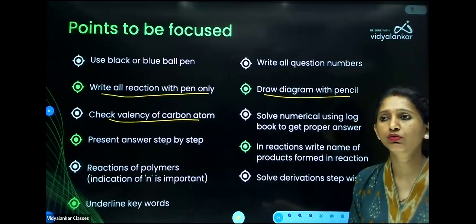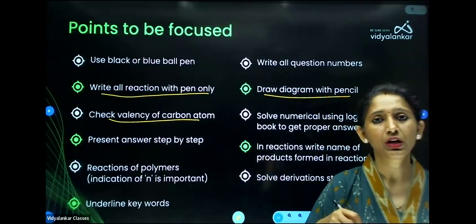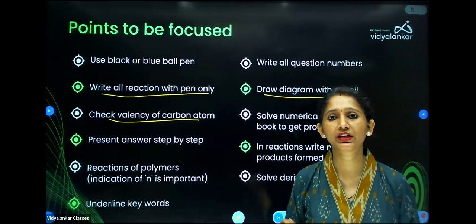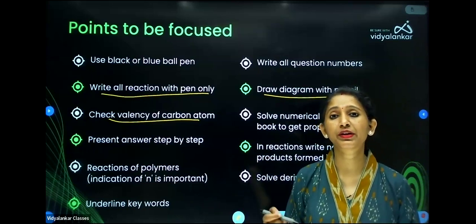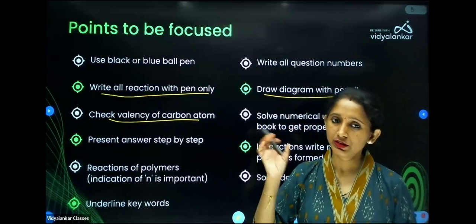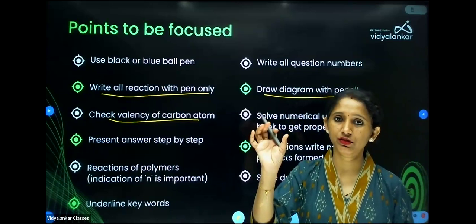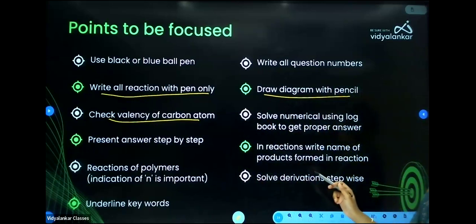It is definitely going to help you in questions like identify A, B, C. If you are asked a question in organic chemistry like identify A, B, C, then you are expected to write the structure of A with the name, structure of B with the name, structure of C with the name. So writing names of the products is very important.